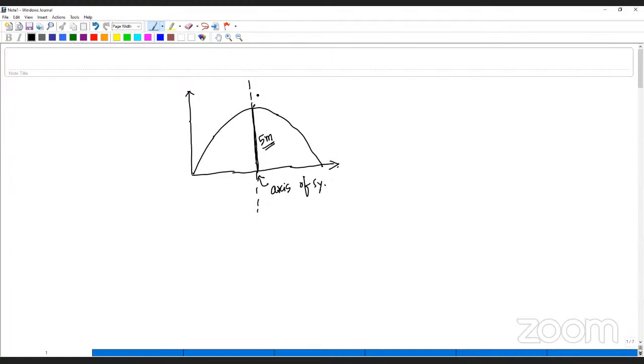If this point is a comma b, right, then b is 5. Am I correct? Yes. So what is the value of a then? Okay, sorry, let me change the notation. If this point is m and n, then the value of n is 5, right? So then what is the value of m?